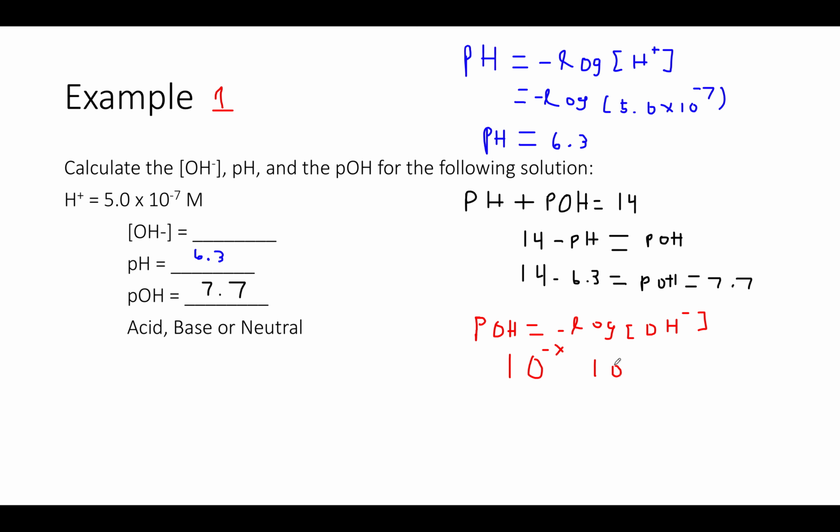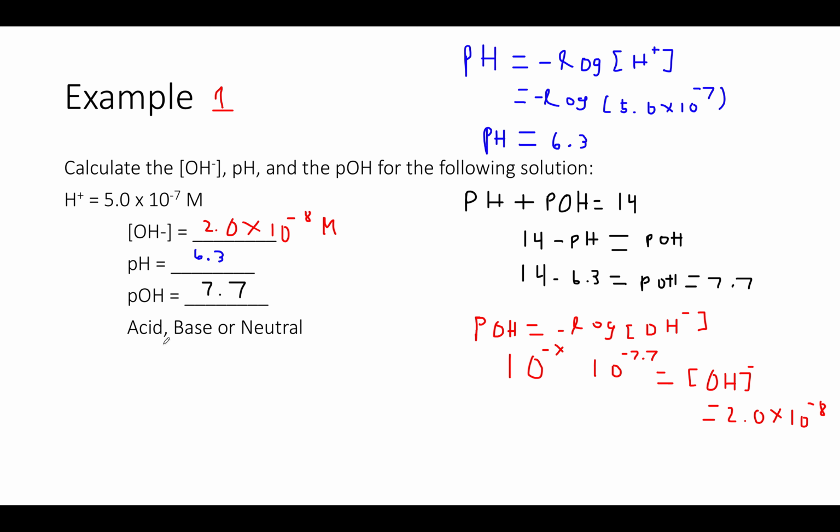So 10 to the negative pOH, 7.7, would equal your hydroxide ion concentration. So the hydroxide ion concentration equals 2.0 times 10 to the negative 8th, and that would go right here. And that's in molar.